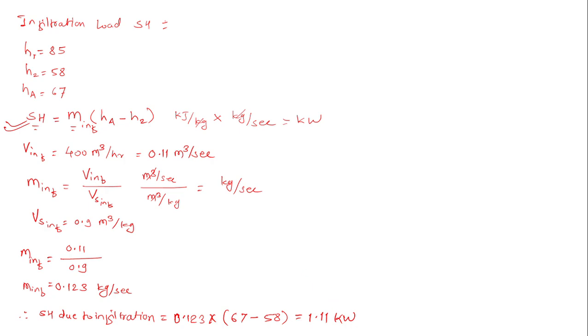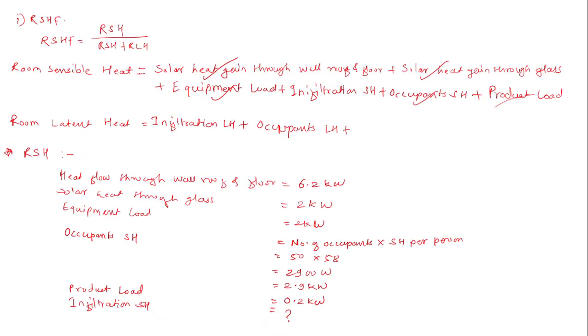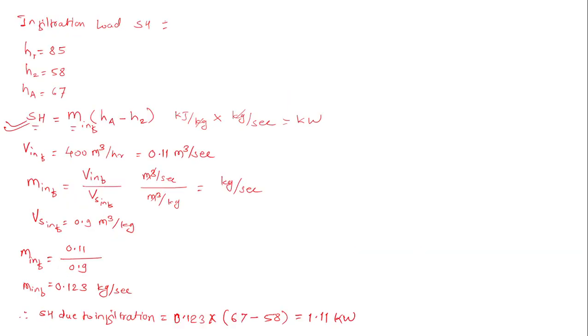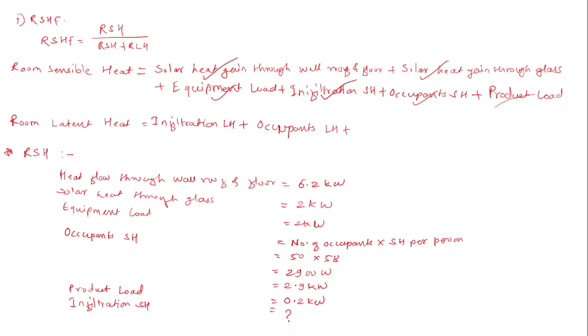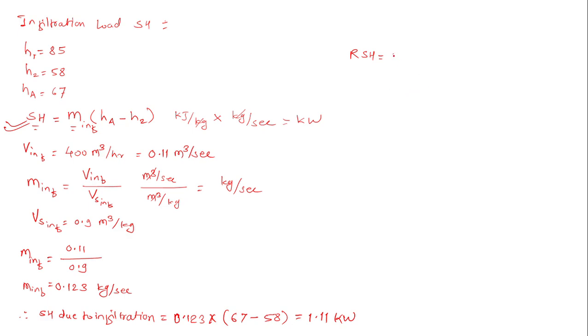Fine. So now we have got all the values which are contributing to the sensible heat. I can finally find out the room sensible heat. So I'll just go on putting the values to get the room sensible heat. So room sensible heat is equal to, solar heat gain through wall, roof and floor, it is 6.2. Fine, I will write 6.2.